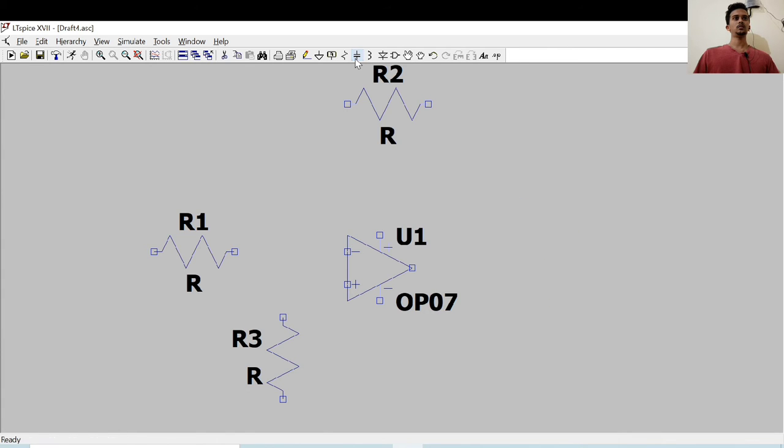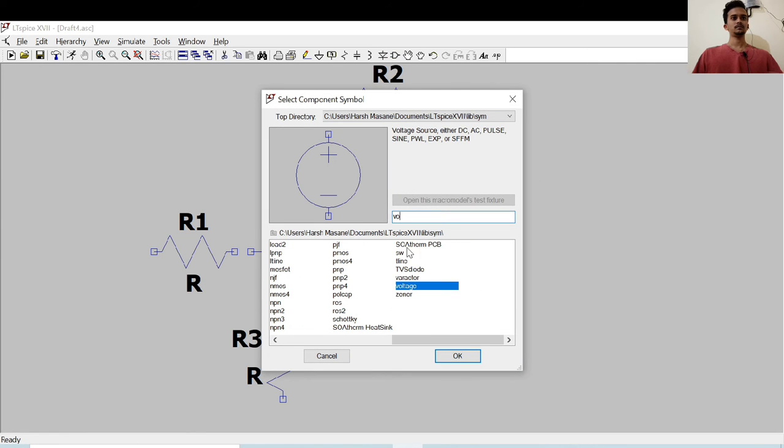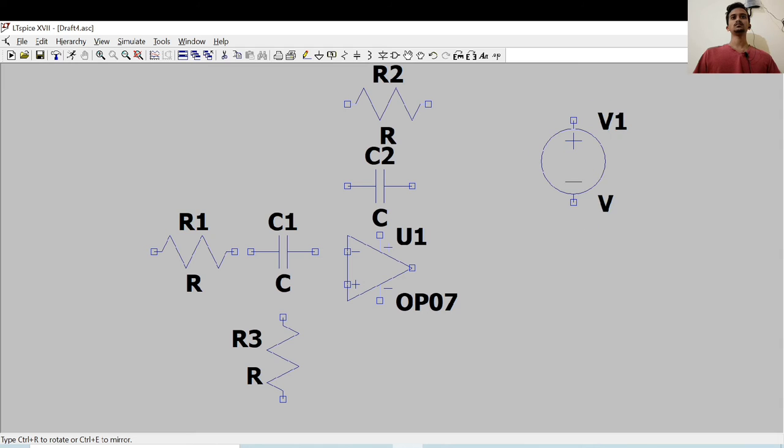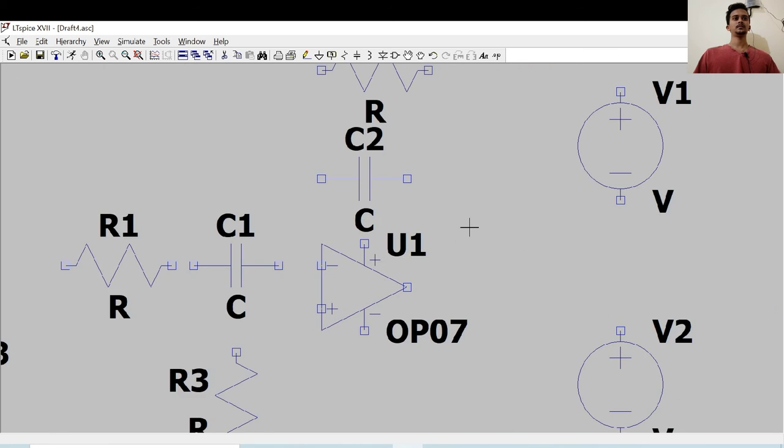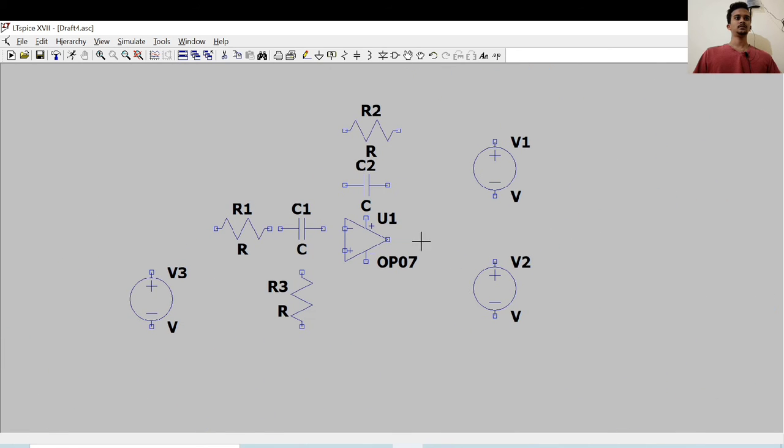Then we'll require two capacitors, one at the input side, another at the feedback side. We will take two supplies, and this is the input supply. So let's place the components properly.